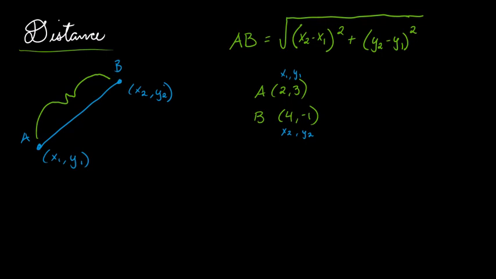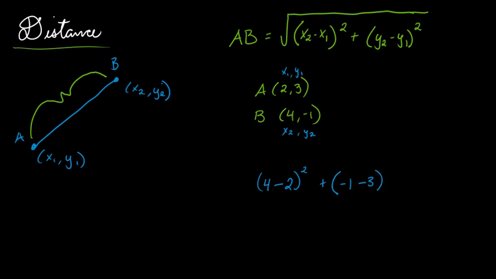So we need to be very careful with our signs here. Alright, x2 is 4, x1 is 2, so I've got 4 minus 2 squared, plus y2, which is negative 1, minus 3 squared, and the square root of that. And that's going to be my distance from A to B.